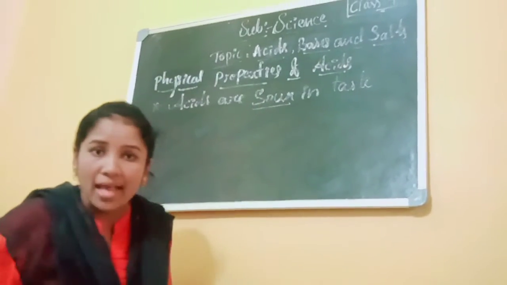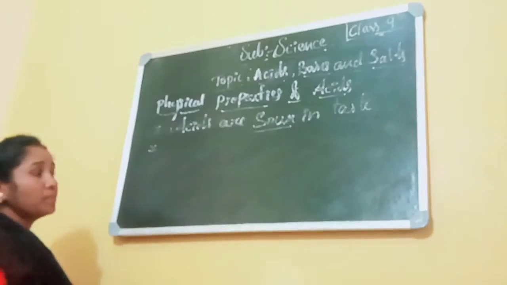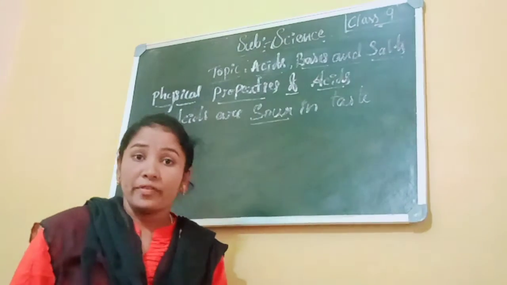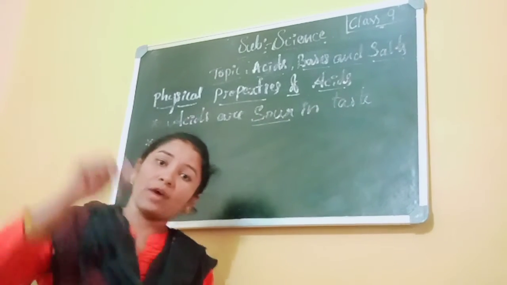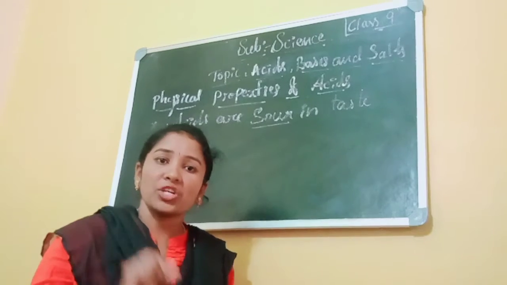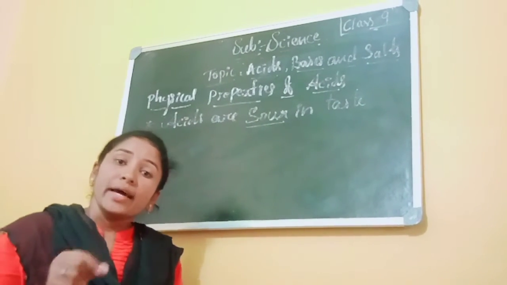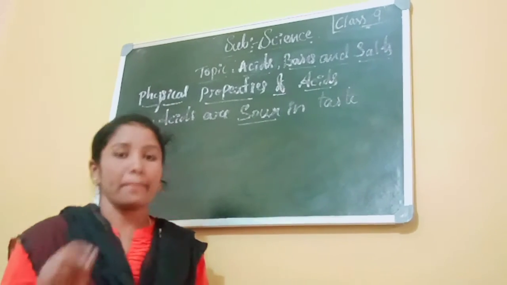What's the taste of acids? Sour. And the next physical property: whenever we test with the help of litmus paper, already you know the meaning of litmus, you studied it in 7th standard. Litmus is a type of natural indicator that we use to check whether it is an acid or a base.